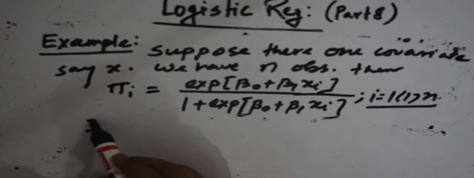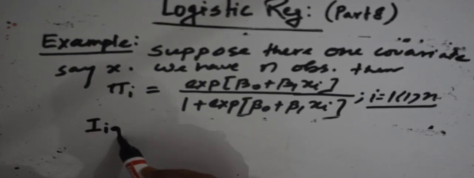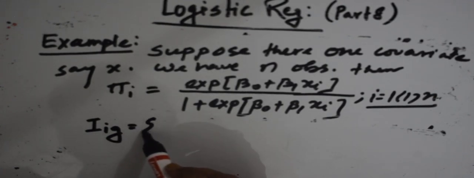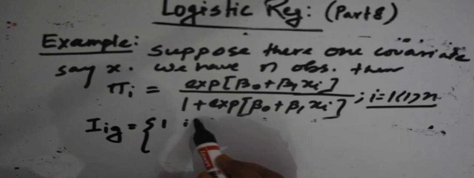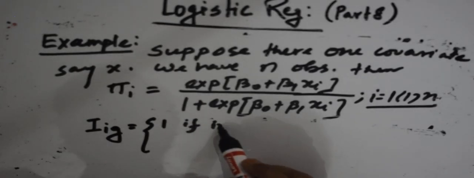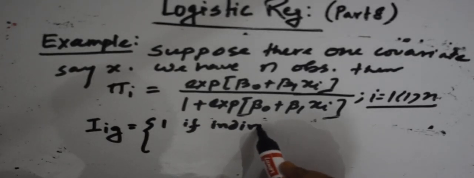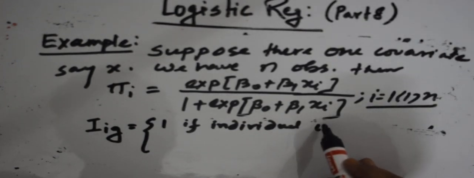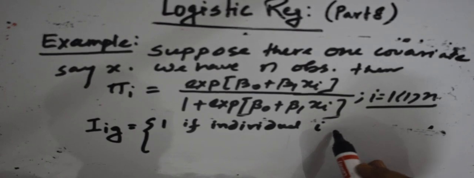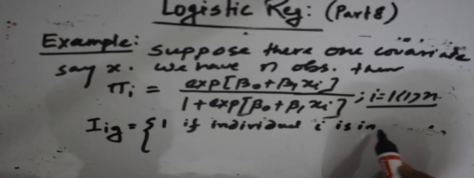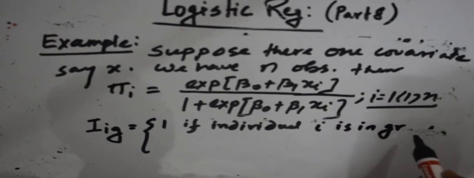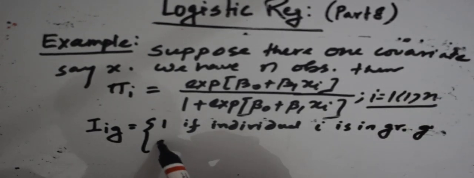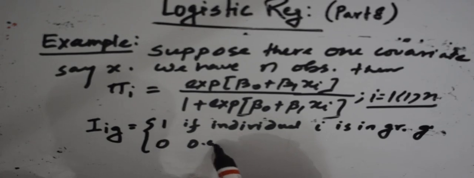Then capital I sub ig is equal to 1 if individual i is in group g, 0 otherwise.